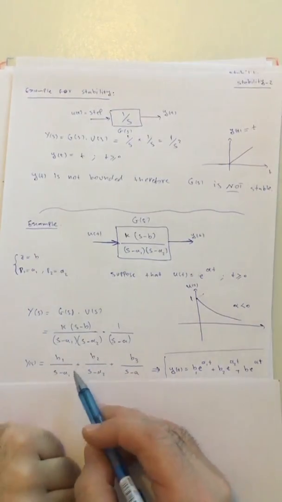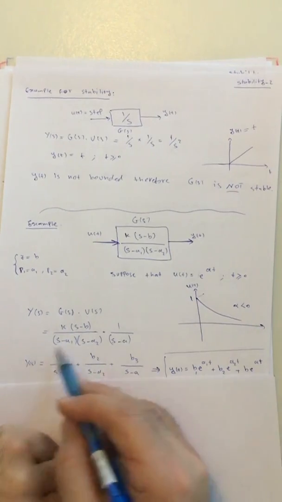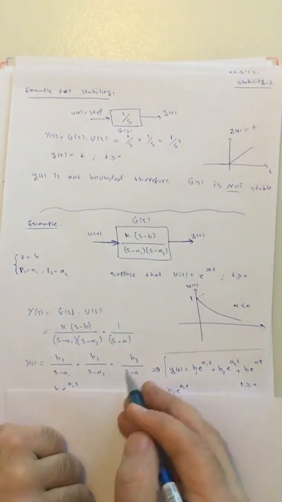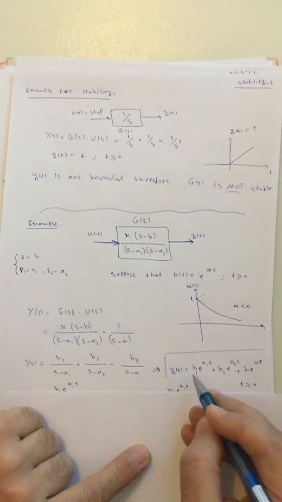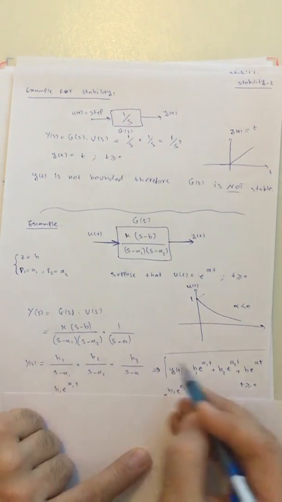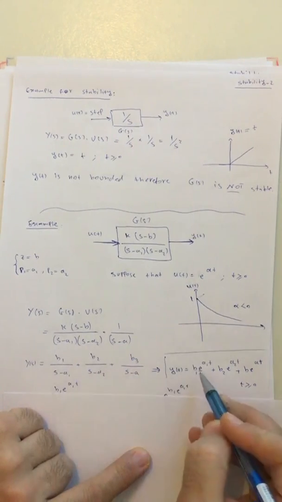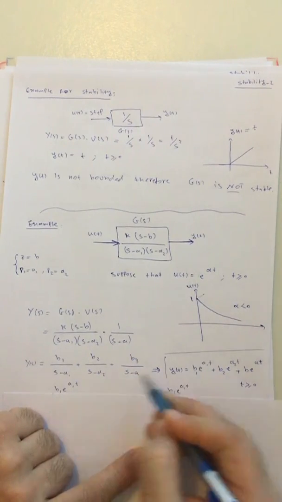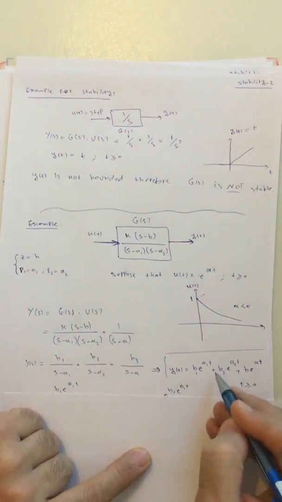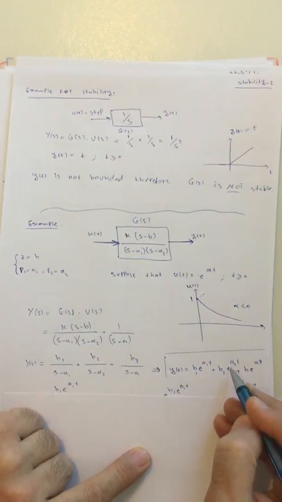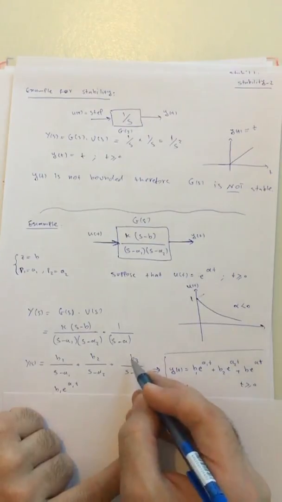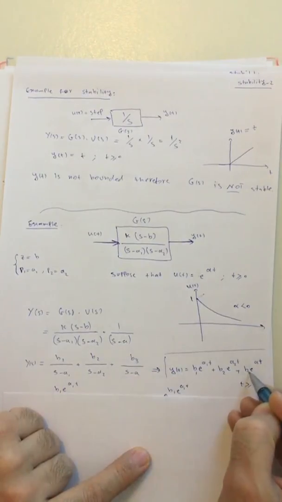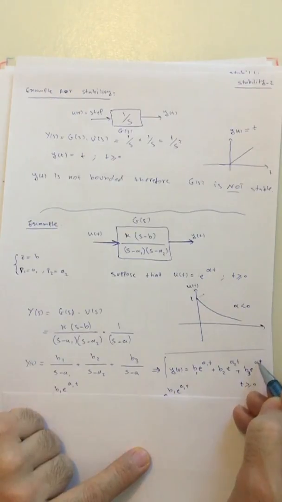And if we take the inverse Laplace transform of y of s, we get y of t is b1 e to the power of a1t. This is the inverse Laplace of this term. And the same, we have b2 e to the power of a2t, and b3 e to the power of at.